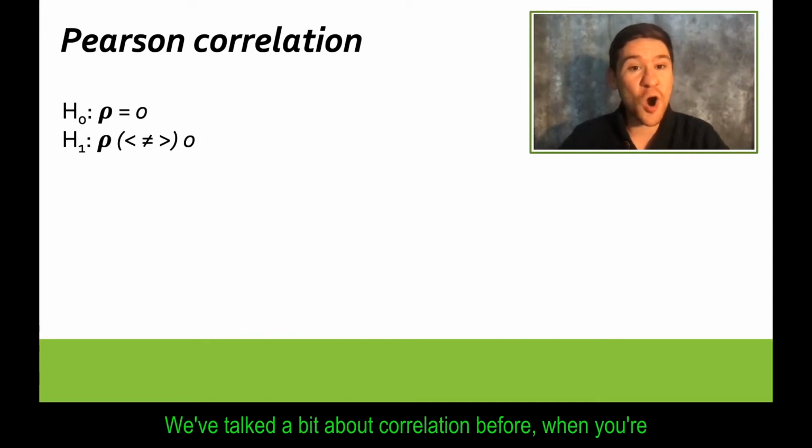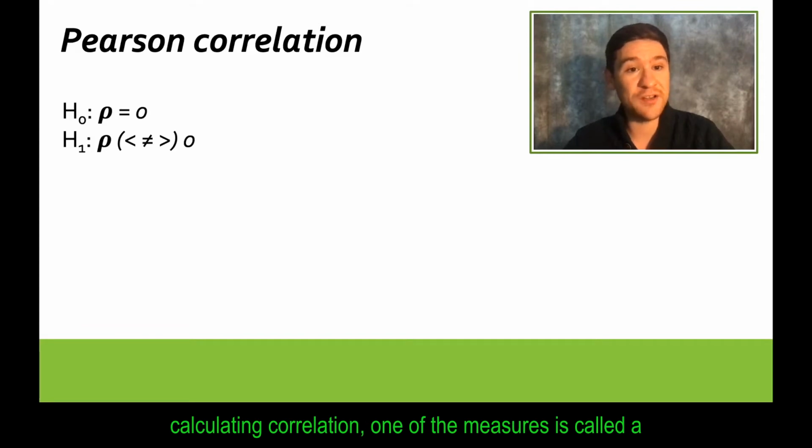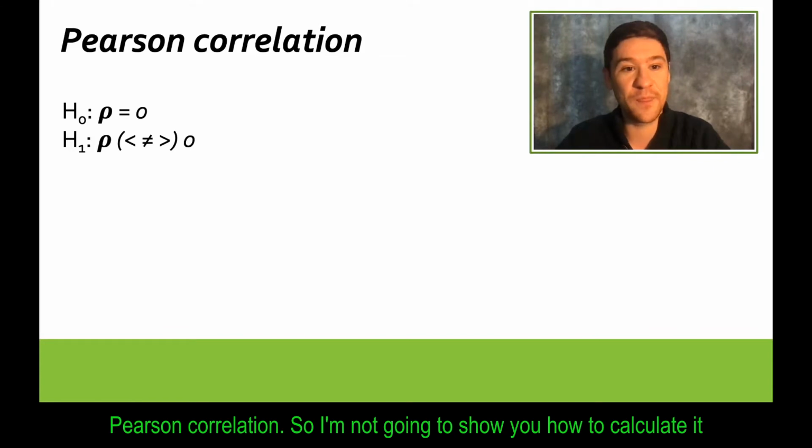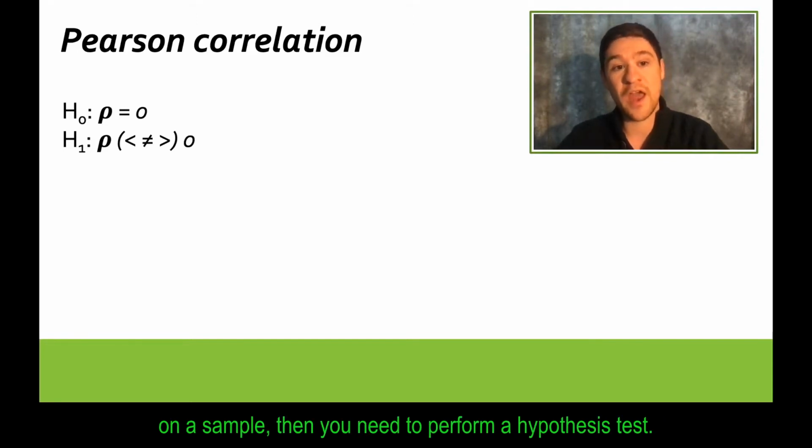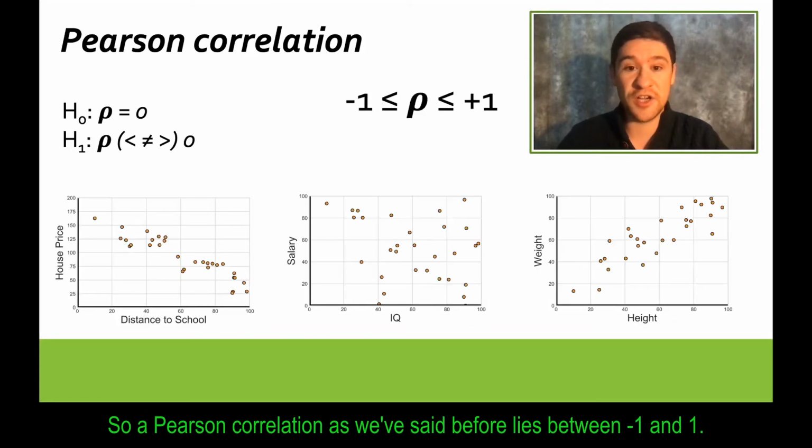We've talked a bit about correlation before. When you are calculating correlation, one of the measures is called a Pearson correlation. So I'm not going to show you how to calculate it, you can look that up. But if you are going to calculate a correlation on a sample, then you need to perform a hypothesis test. So a Pearson correlation, as we've said before, lies between -1 and 1.